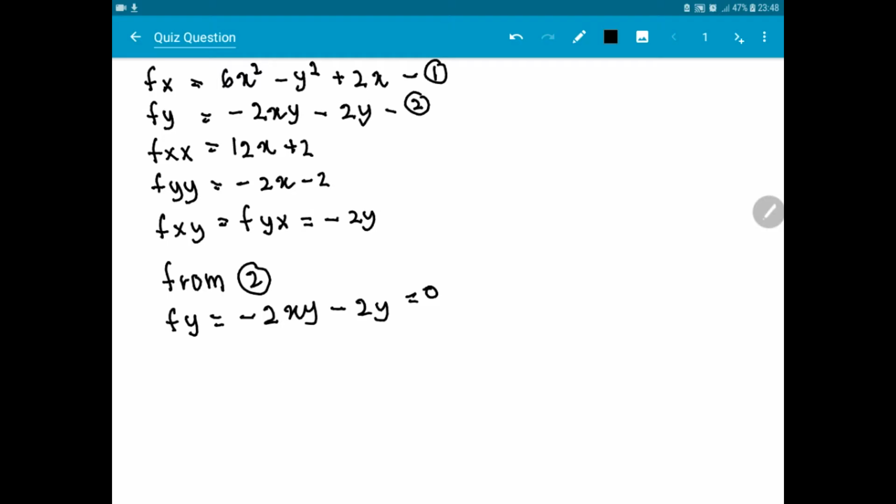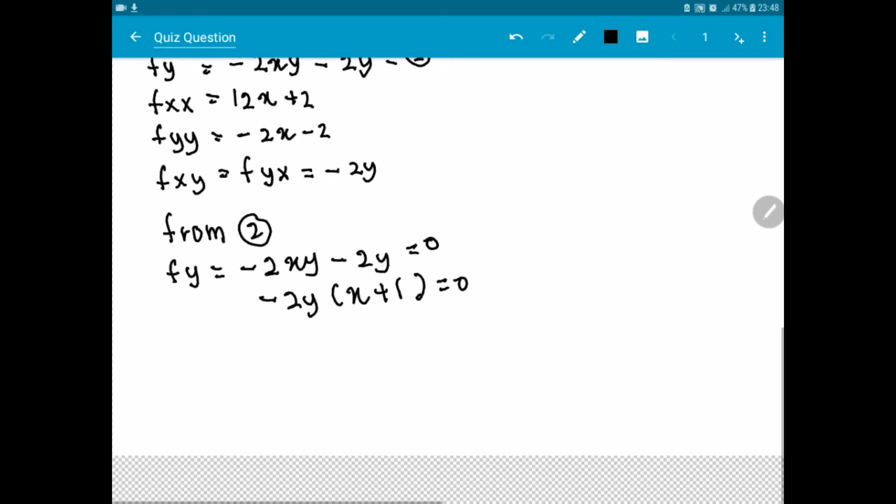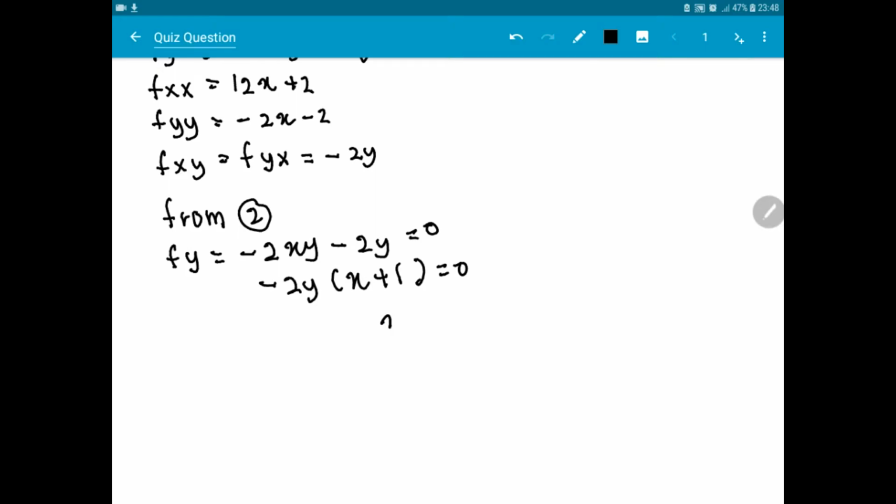Remember, this must equal 0 because we need to get the value. I factorize this equation and get negative 2y(x plus 1) equal to 0. So x equals negative 1 and y equals 0.